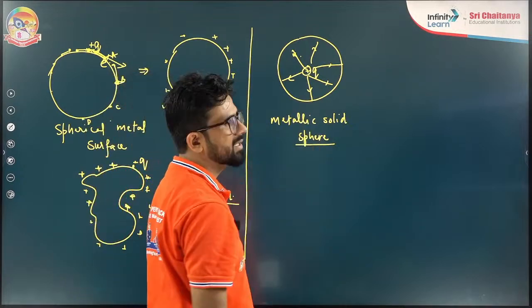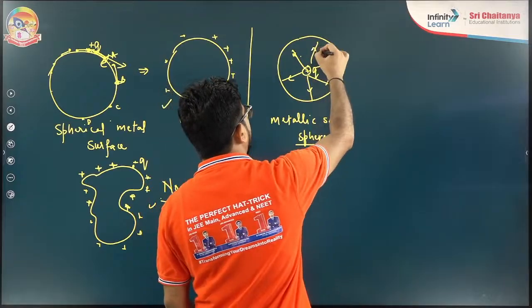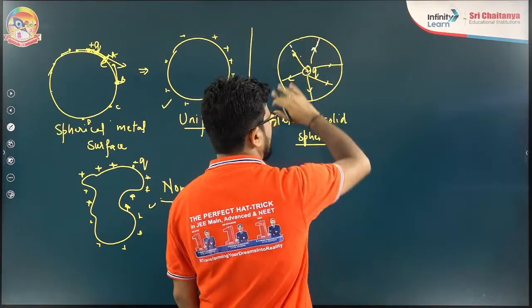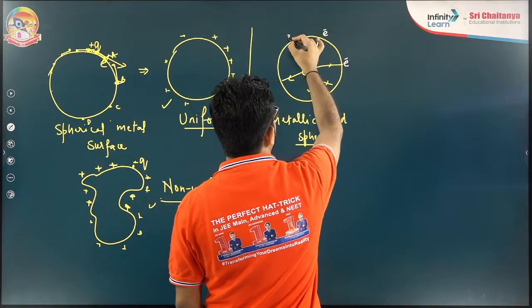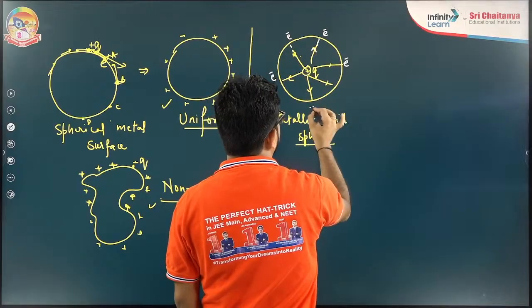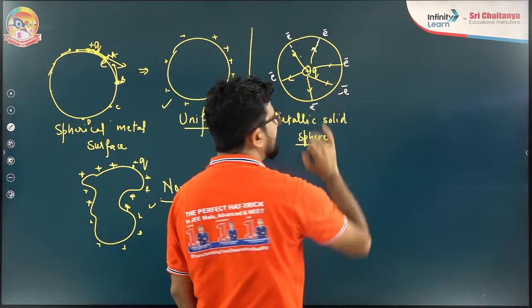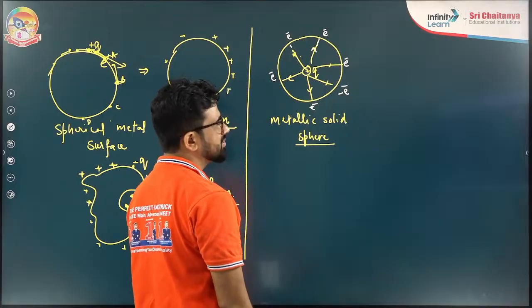So these are the field lines, radially outward, but on the surface there are free electrons. Think carefully: on these free electrons, what will be the direction of force?